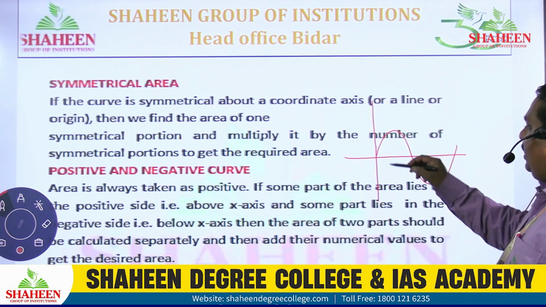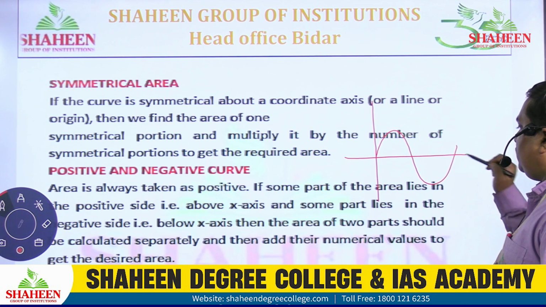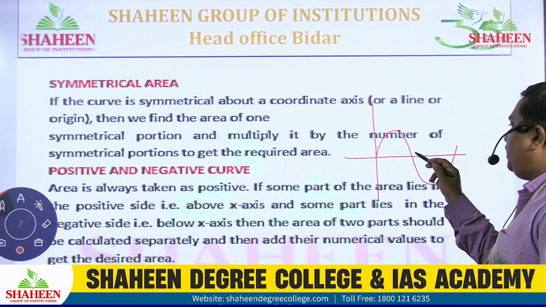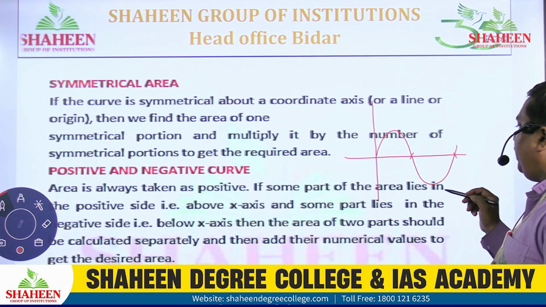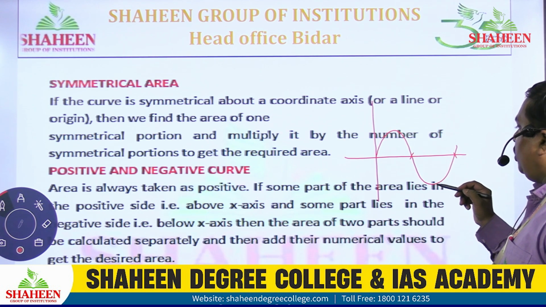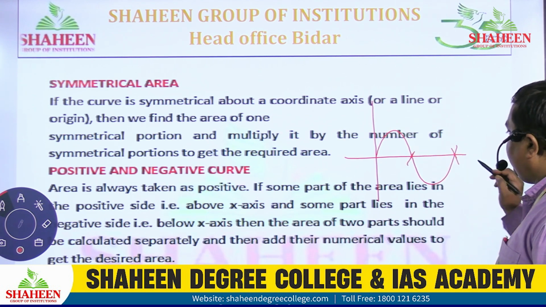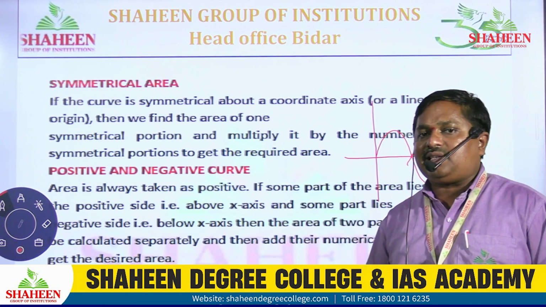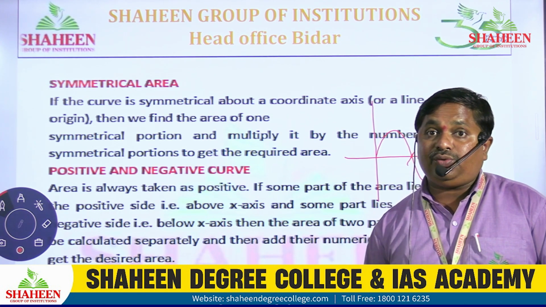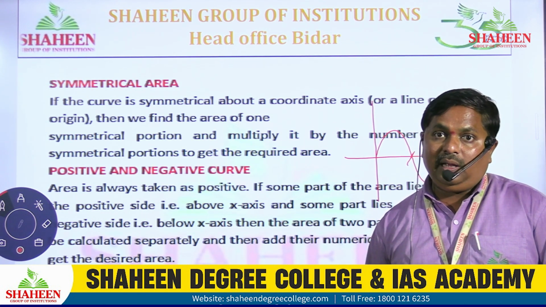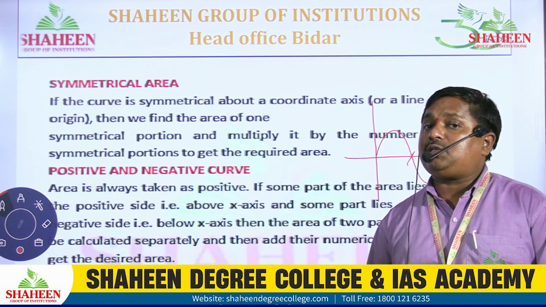We have an area above the x-axis as well as below the x-axis. If you calculate the area from 180 to 360 degrees, you will get a negative area. But area can never be negative. So we always take positive area.